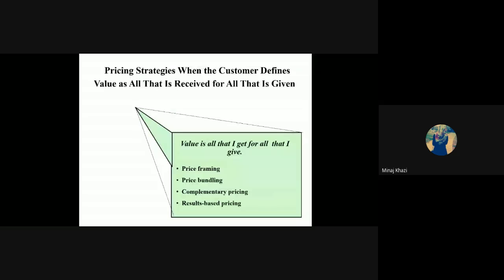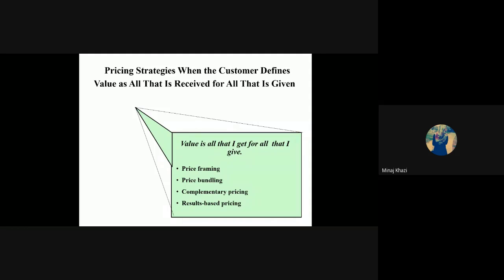Next is price bundling. What do you mean by price bundling? You are giving a set of products or a set of services, where if you bundle them and sell them, the customer pays less than for the individual services or products. For example, if you buy this particular mobile phone, you get a SIM free, plus if you pay some 200 or 300 extra, you get a warranty for 1 or 2 years more.